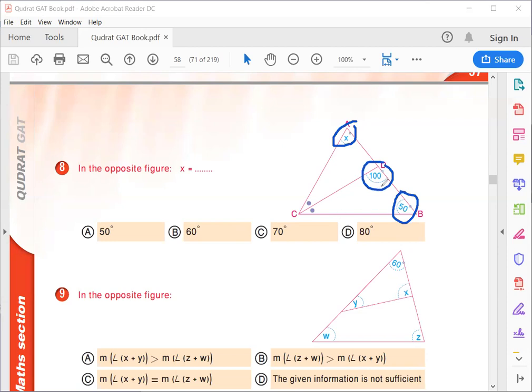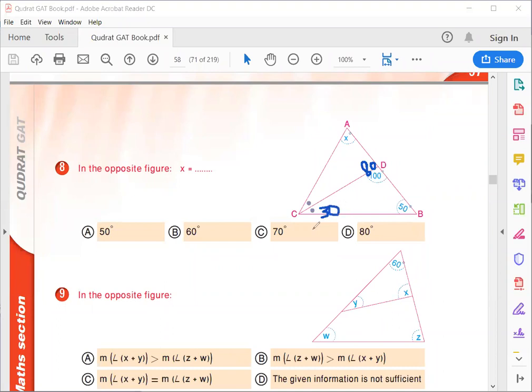If I know here 50, and here 100, you can complete here, because 180, so the angle here is 80, right? And here also 50, 100 plus 50, so here it is 30.